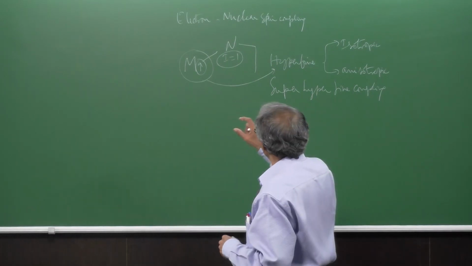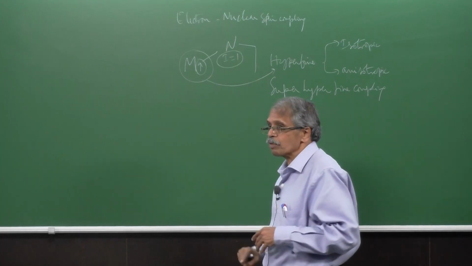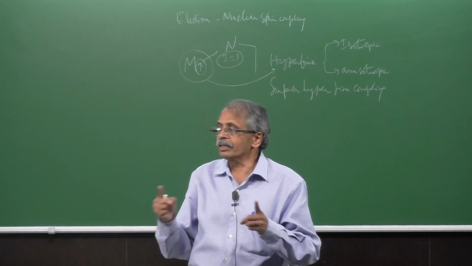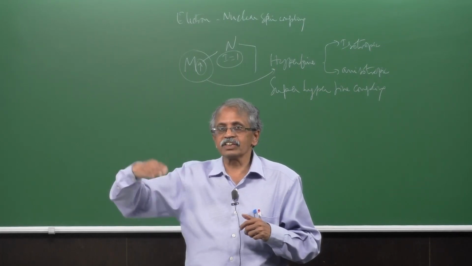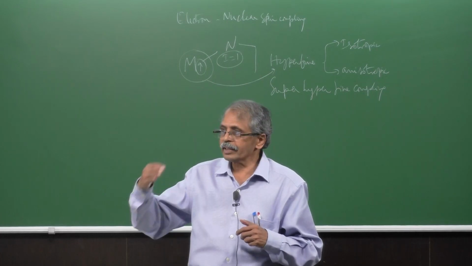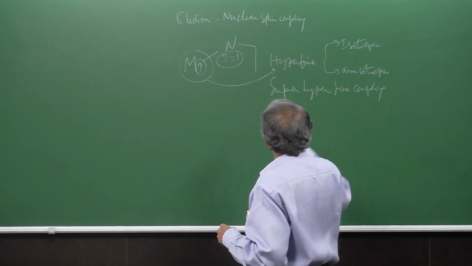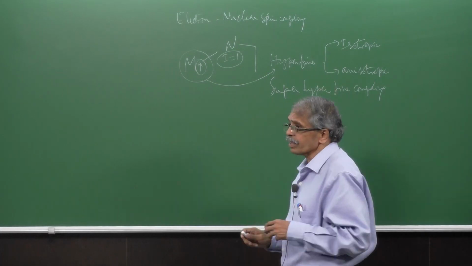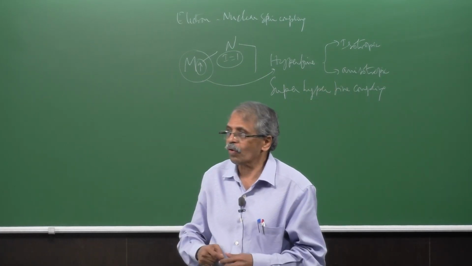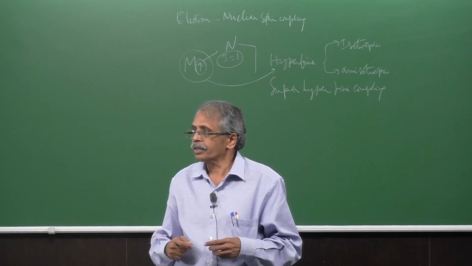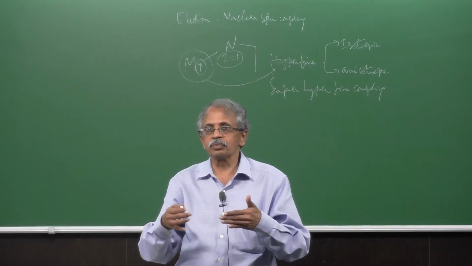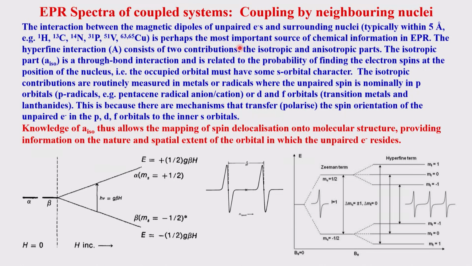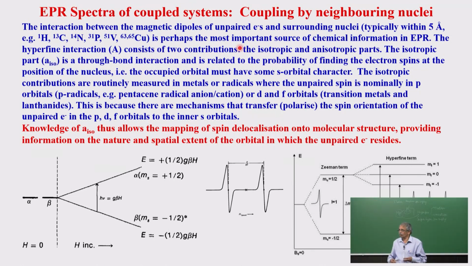That s character is the one which is felt at the neighbor nucleus, and thereby the electron nuclear coupling will exist. So the greater this s character at the nucleus, the greater is the coupling. So this coupling value will be dependent on the extent of this electron. Most often you have orbitals which are combined, and some level of s character will always be there, and that s character is felt at that nucleus.